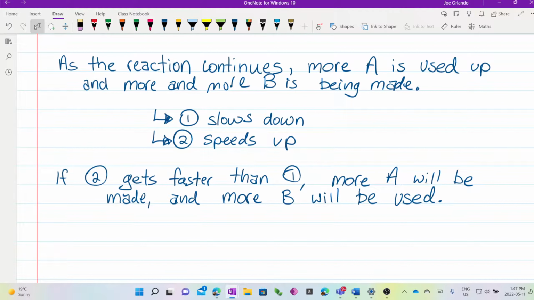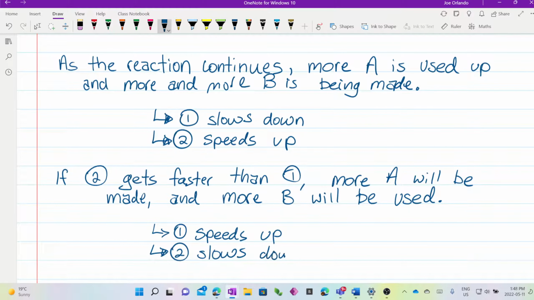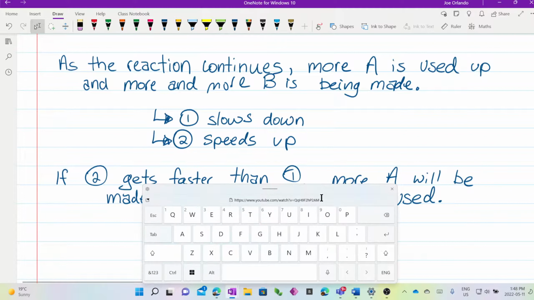Which means then what's going to happen? Now, instead of 1 slowing down, 1 is going to speed up, and what will happen to 2? Slows down. And I hope I don't just have to write this over and over again, but exactly, these will just kind of flip-flop, won't they?